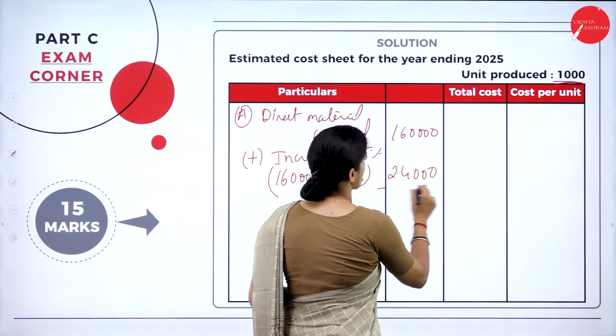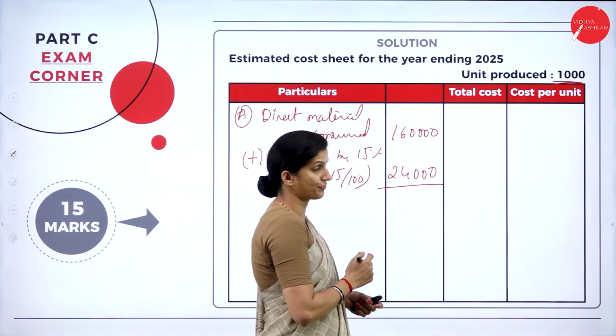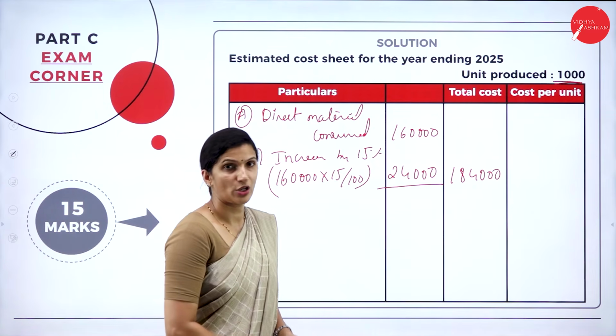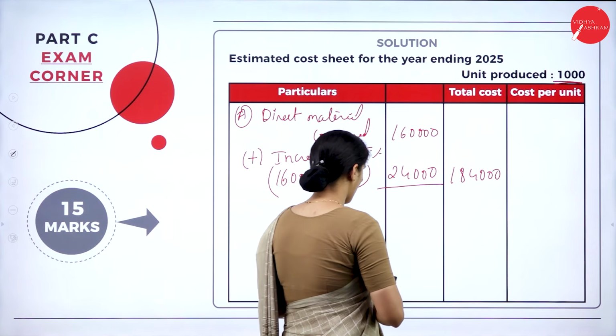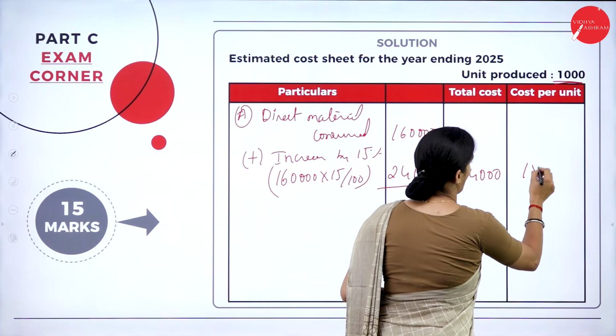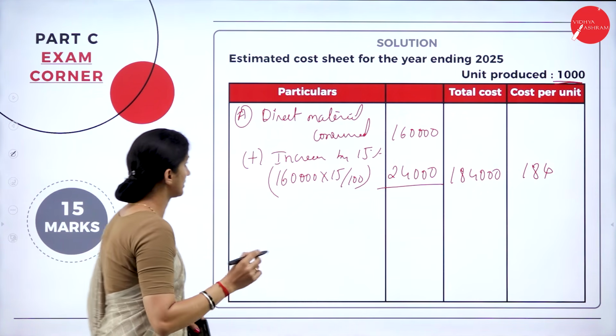So your total cost of material in the year 2025 will be 1,84,000. Now per unit rate, 1,84,000 divided by 1,000 units, it is 184.